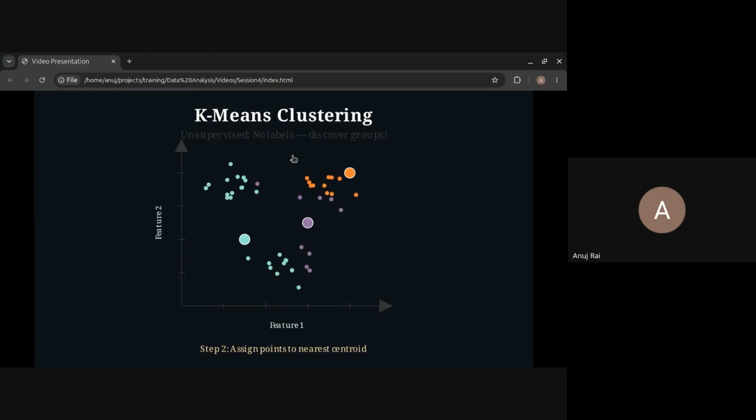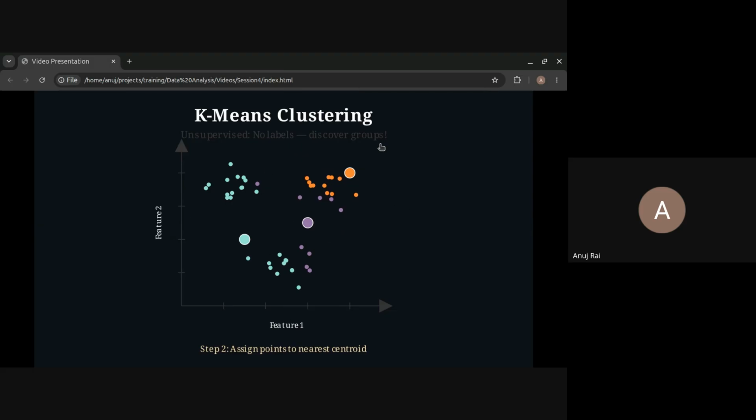Here, let's keep the scenario simple. We have only feature 1 and feature 2. We plot it, and we can definitely see that there is a pattern that it can be clustered.